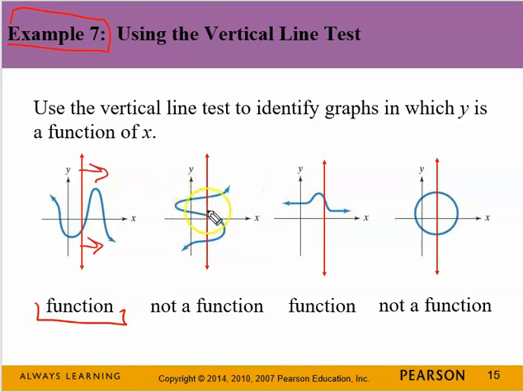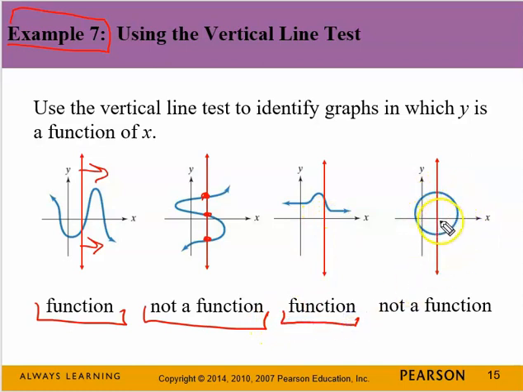But how about this squiggly blue line? No, it intersects it there and there and there. So this is not a function. And how about this one? Again, the red line is moving across this graph. It's only intersecting in one place. This is a function.